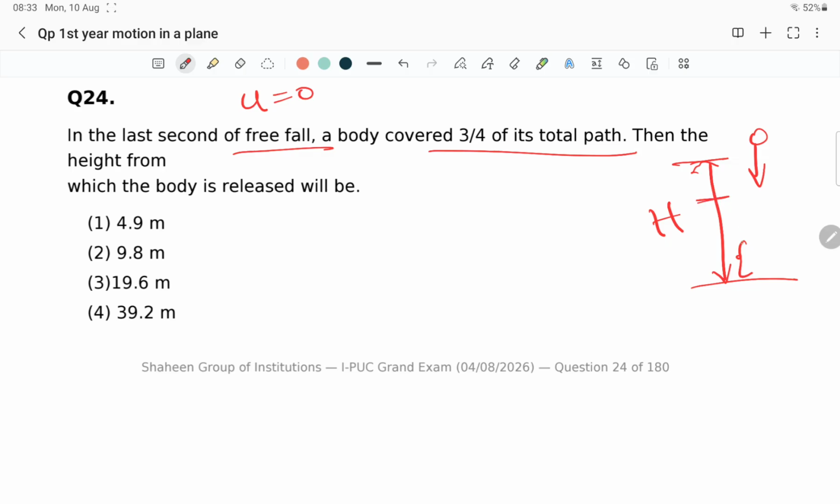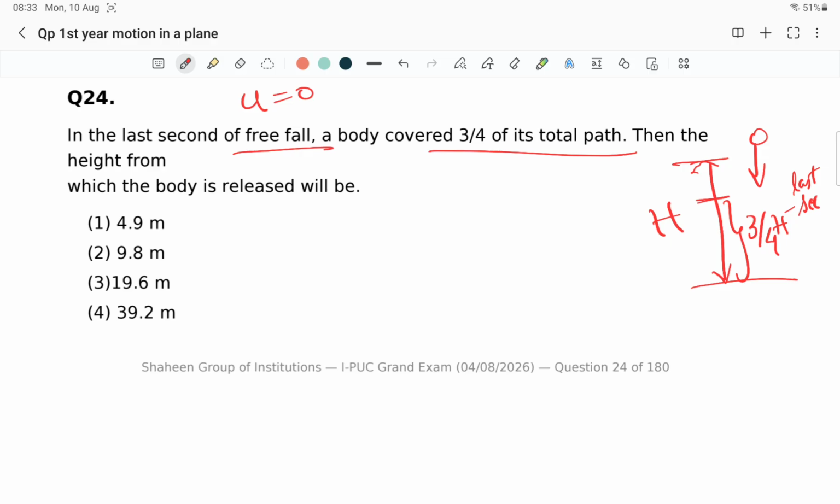It is covering 3/4 of the total path. So if the height from here to here is h, it is covering 3/4 of h in the last second. Then we have to find the height from which the body is released.